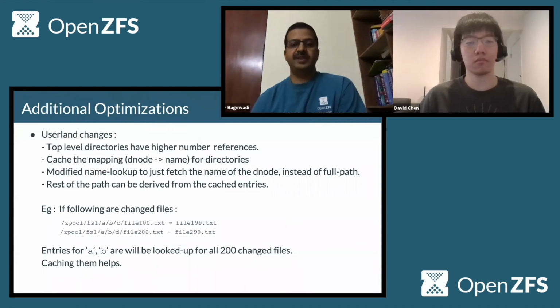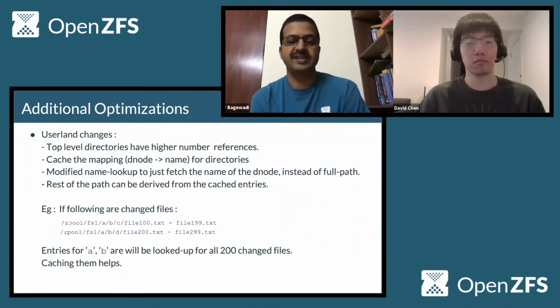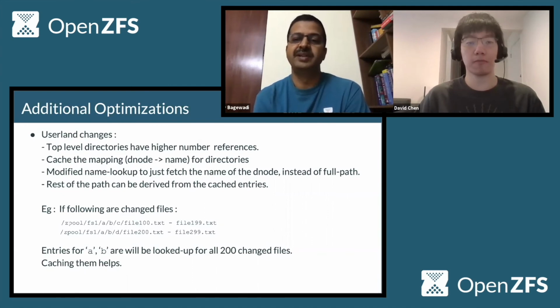So the other changes that we did is, in order to utilize this, we modified the IOCTL that does the dnode to path translation. So we pass a flag in saying don't translate the entire path, just fetch us the name, and that's sufficient. So once you just fetch the name, and by the way, because of the earlier change of link name hash, the fetch is quick, it's constant time.